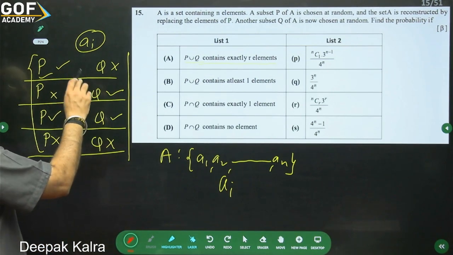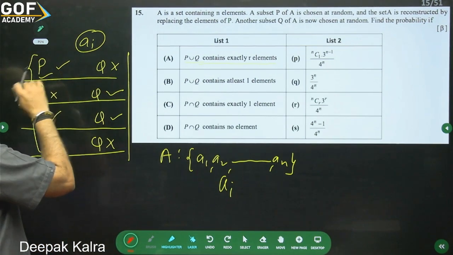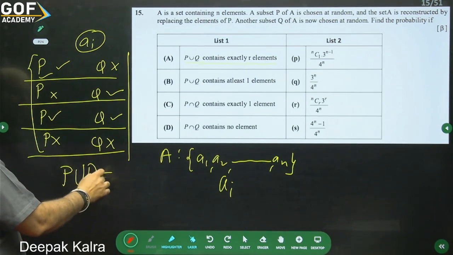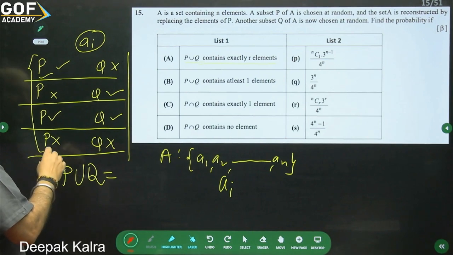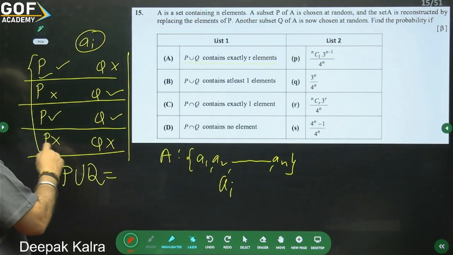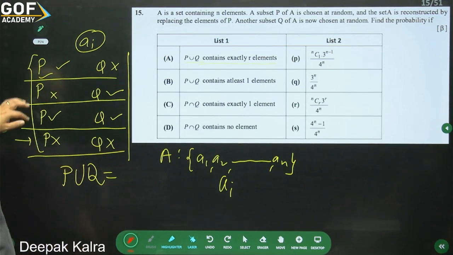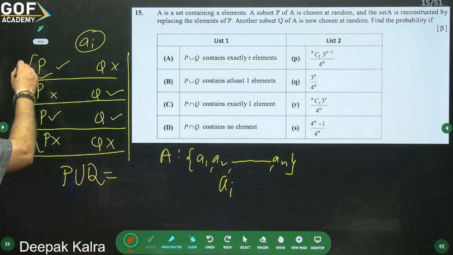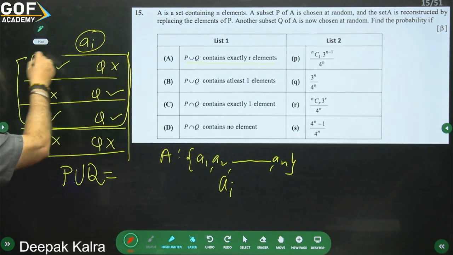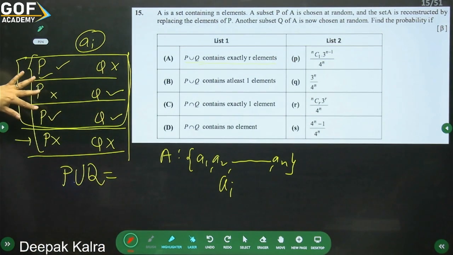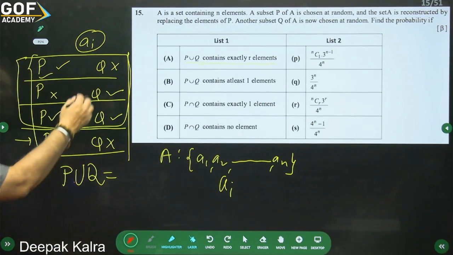So when you take the union, the element cannot form part of r if it is not present in them. Either this way, or this way, or this way. Isn't it? These are the 3 possibilities the element can move, the 3 possibilities to make the union have r elements.